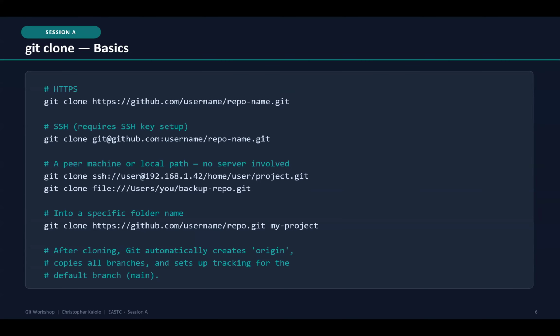Now we understand that from the beginning we showed you how you can initialize a repository to become a Git repository.